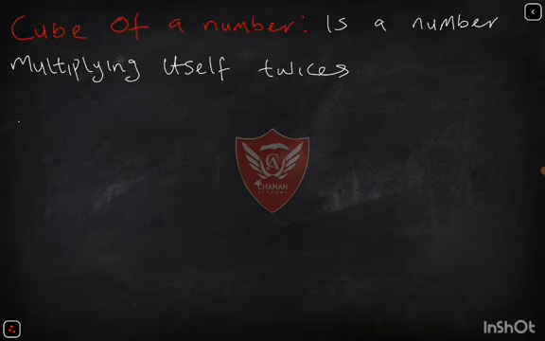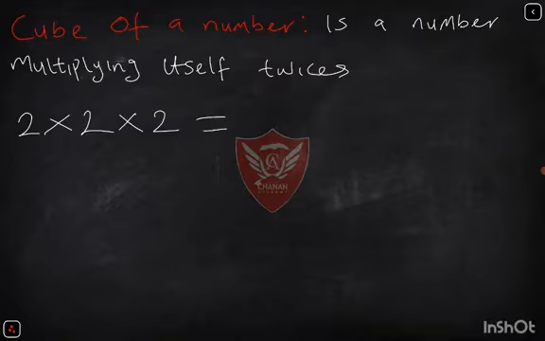Alright, the next we'll be talking about is the cube of a number. The cube of a number is a number multiplying itself twice. Like in our previous example, when we say square of a number, it was multiplying itself just once, but in the cube it's multiplying itself twice. So let's say the number is 2, so it multiplies itself once and then twice.